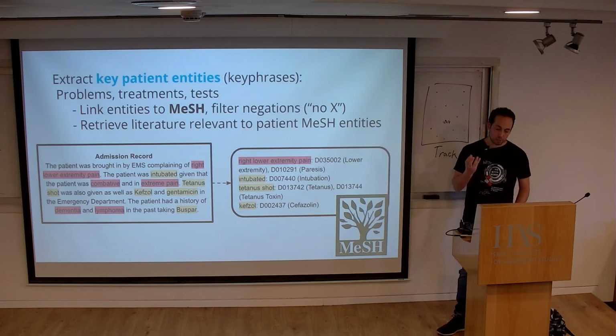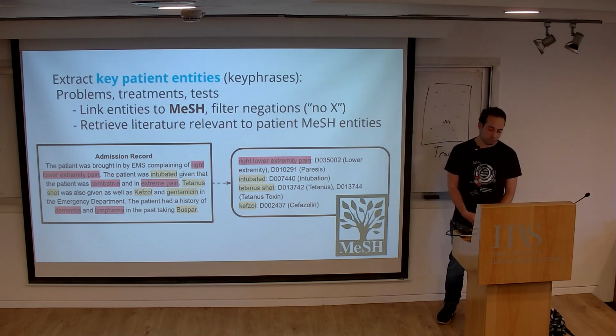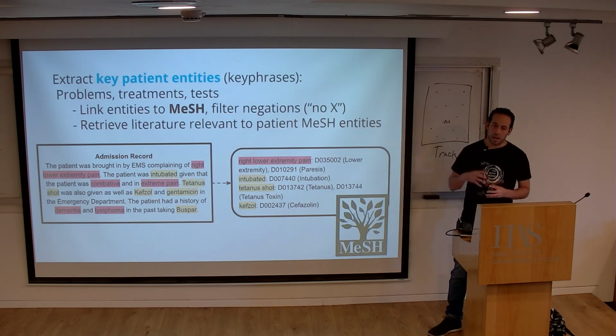And then we use the MESH entities as queries to PubMed, right? PubMed has an API for searching by MESH terms, so we can use the MESH terms linked to each patient to perform the search.